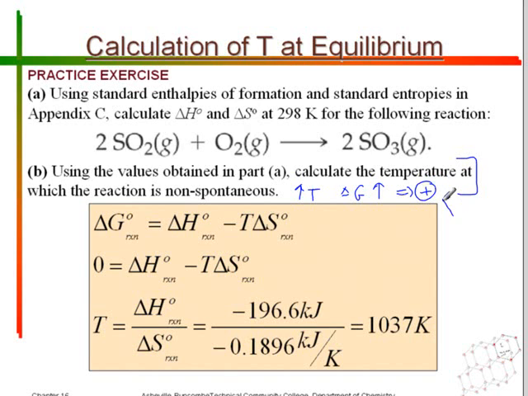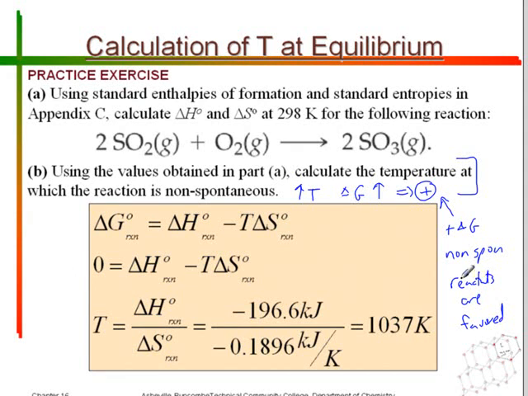And remember, a positive delta G is a non-spontaneous reaction. That means that the reactants are favored at that point. It tells us that under those conditions, no matter how long we wait, we will never favor the product side for that particular set of conditions.